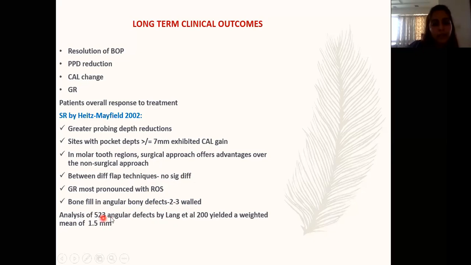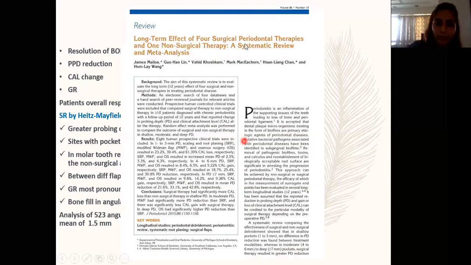An analysis of 523 angular defects by Lang in 2000, I'm sorry, yielded a weighted mean gain of 1.5 mm. So 1.5 mm gain in 2-walled and 3-walled angular defects was proposed by Lang when he examined about 523 angular defects.